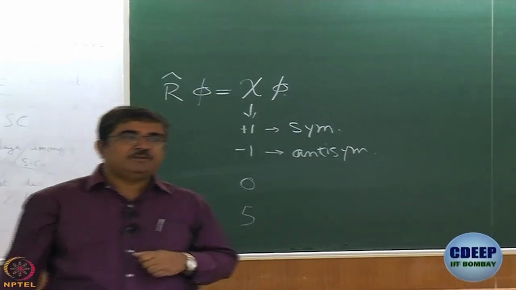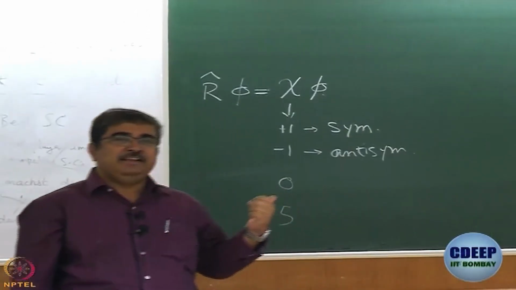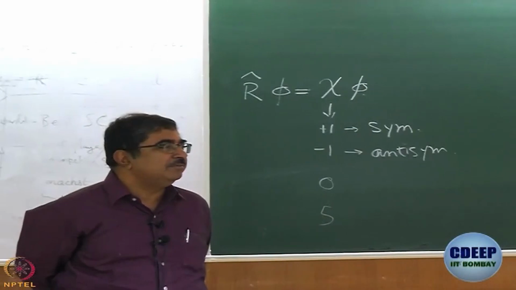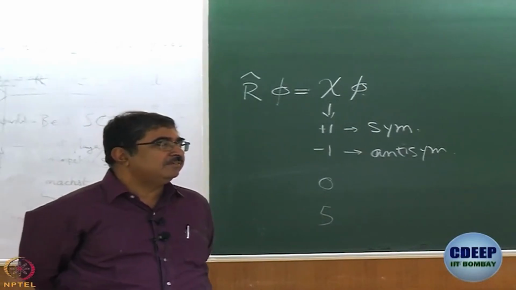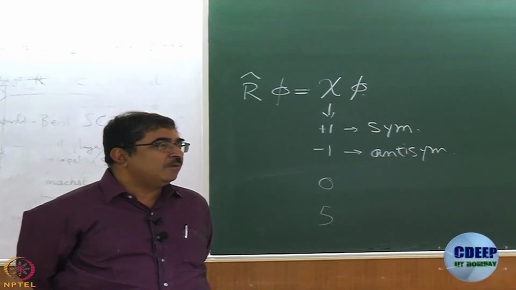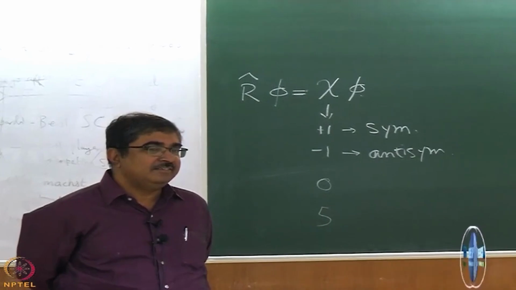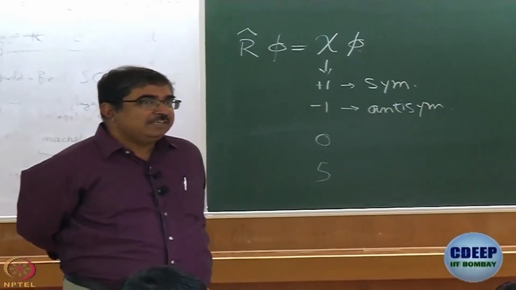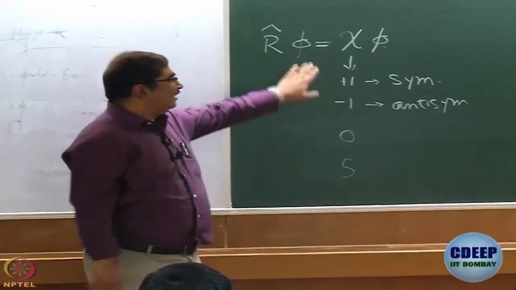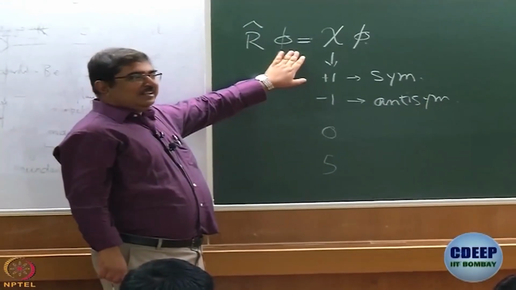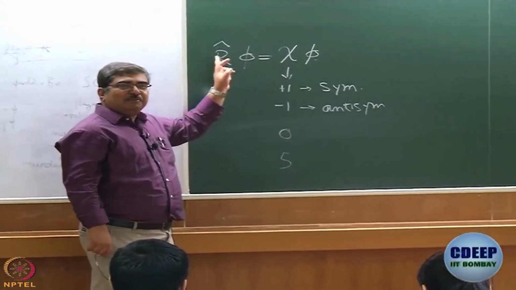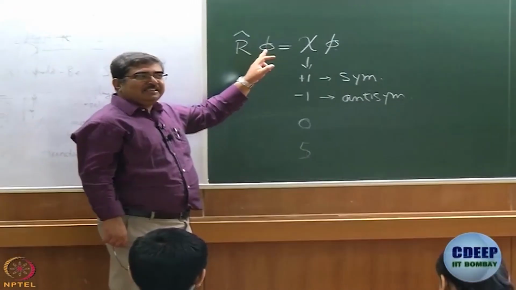Let us start with 0. What would it mean if I had chi equal to 0, if I had character equal to 0? Why? Look at the eigenvalue equation. If chi is equal to 0, then what is the effect of the symmetry operation on this function?